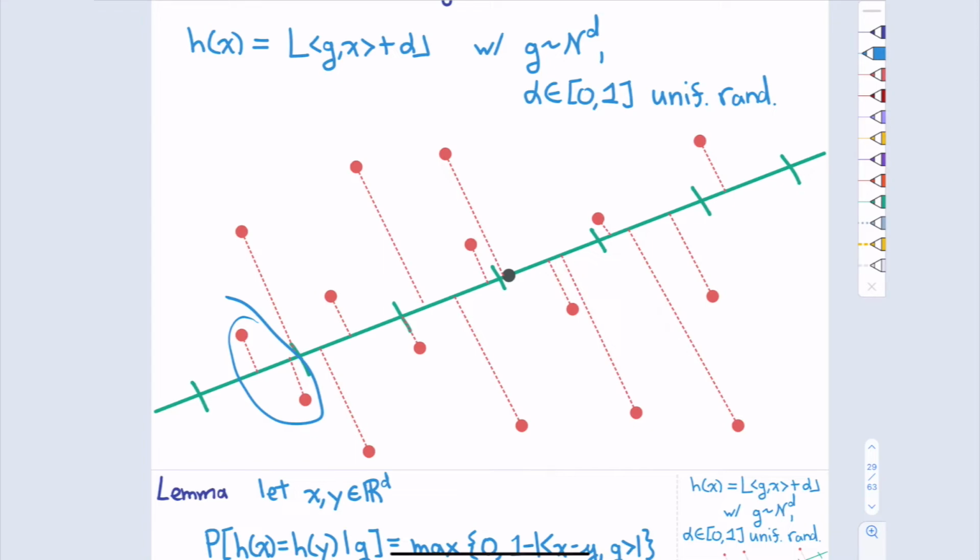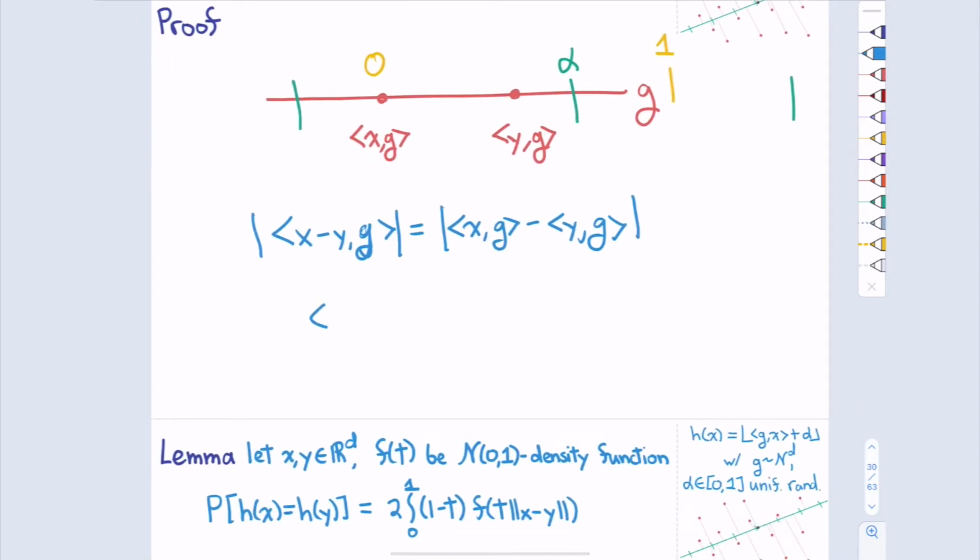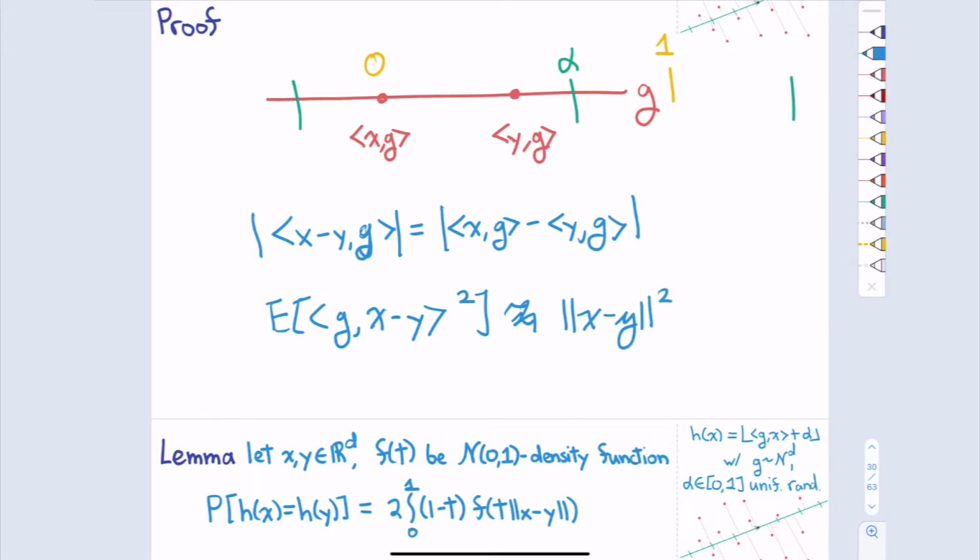So you are hoping that gx minus y, we actually know from last time, this thing squared does look like x minus y squared, maybe up to some fixed constant. So in general, we've built some intuition that projections onto Gaussians preserve distances.